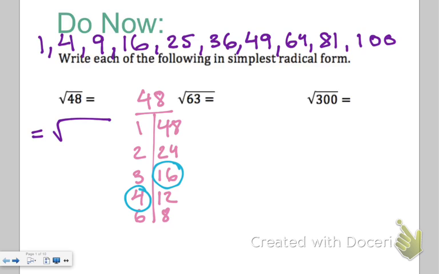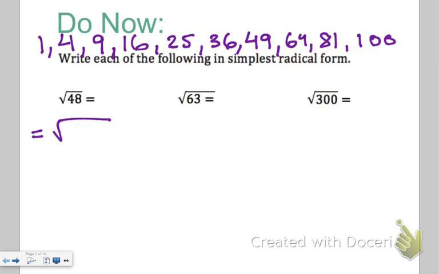So I'm going to go over this example by using both of these factors. So let's use 4 and 12. So if we have the square root of 4 times 12, all we've done right now is rewrite 48 as the product of 4 and 12.